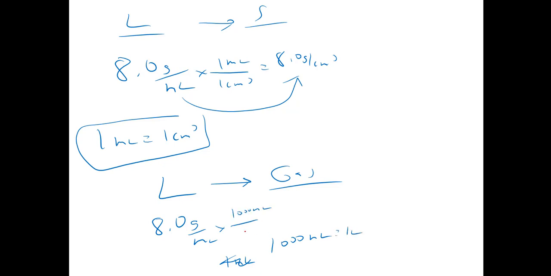So 1,000 mils goes on top, so it cross cancels. And then that would give us an answer of 8,000 grams per liter, or 8.0 times 10 to the third grams per liter.